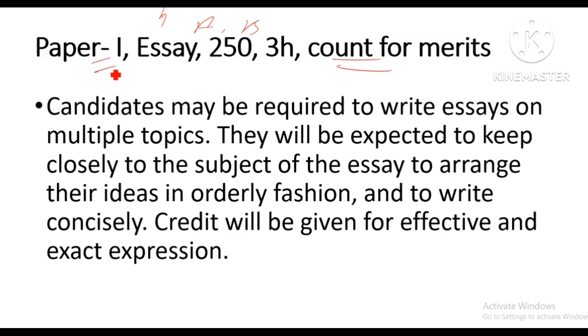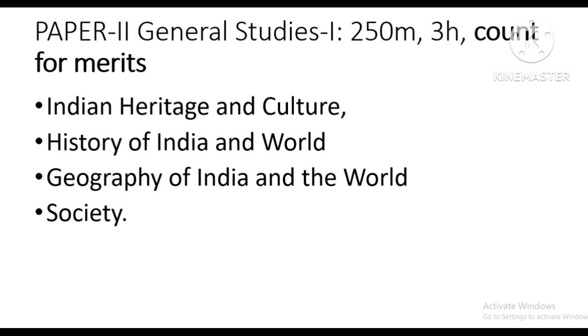So paper 1, that is called the essay paper, 250 marks, 3 hours will be given to write, and it counts for merit. What will be the breakdown? The candidate may be required to write on multiple topics, and marks will be given to those who write in a concise, orderly fashion, etc., and give the exact expression of the essay.